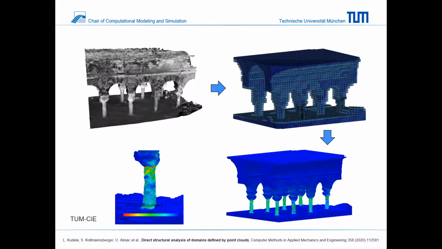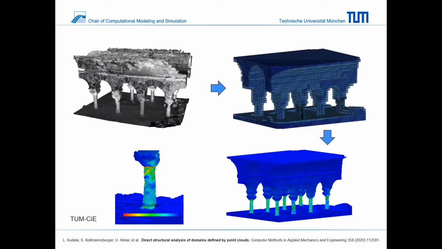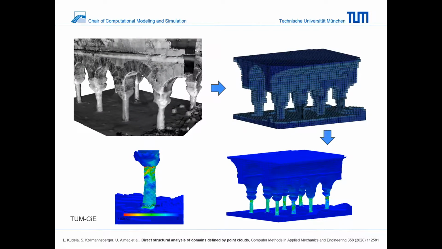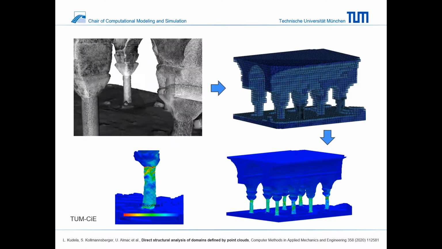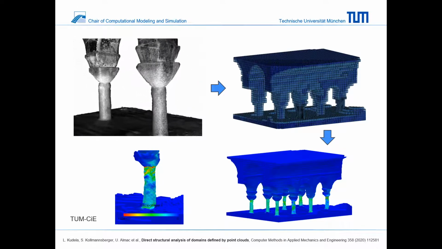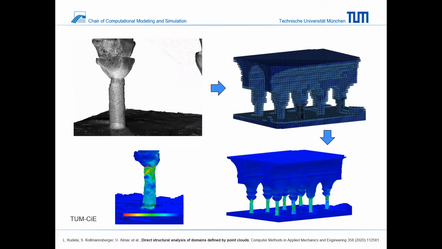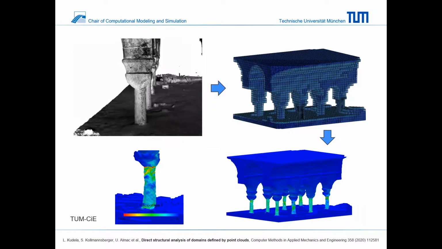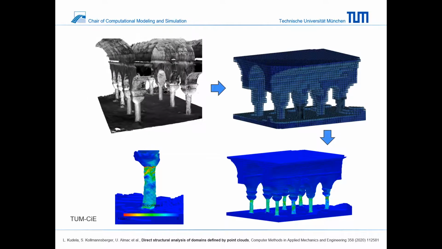In this case, it's an octree. And this octree has then been used for calculating the structural behavior. So the stresses and the deformations have been calculated. And on this basis, you can make statements on the stability of the structure. So again, a very typical use case of digital twins.